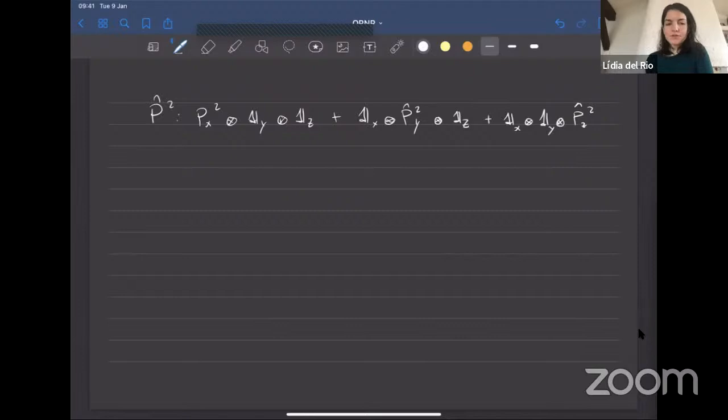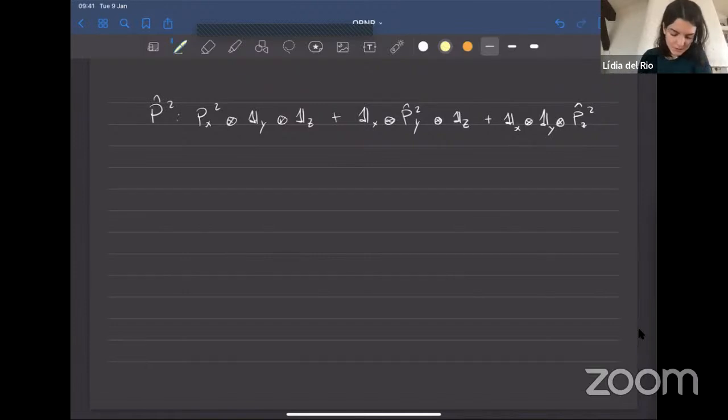Right, so we could try to transform the whole operator to spherical coordinates. Maybe it's fun to do, I don't know. What we can see is, like we did for the angular momentum, we see how this one acts on the wave function, and then we transform this action to spherical coordinates.